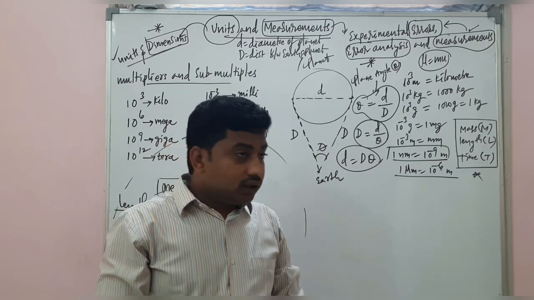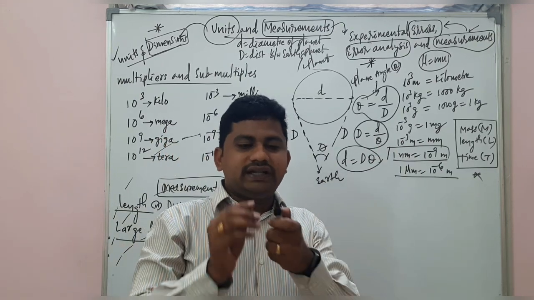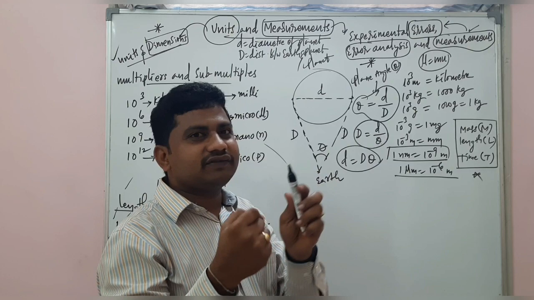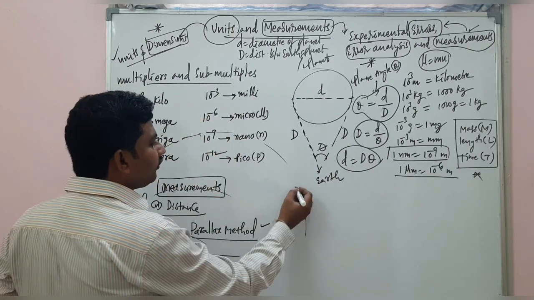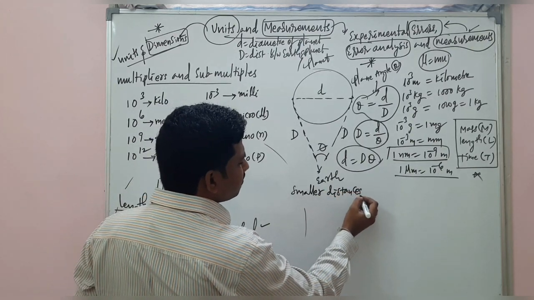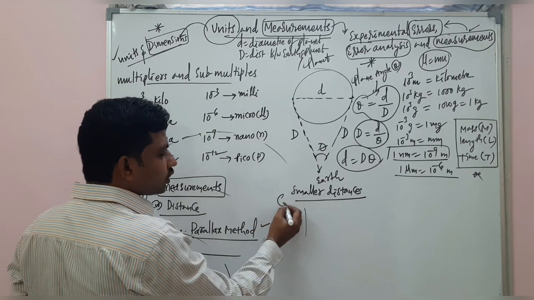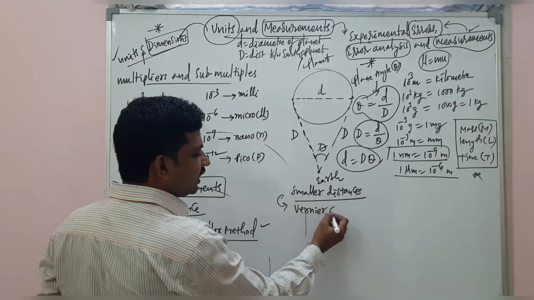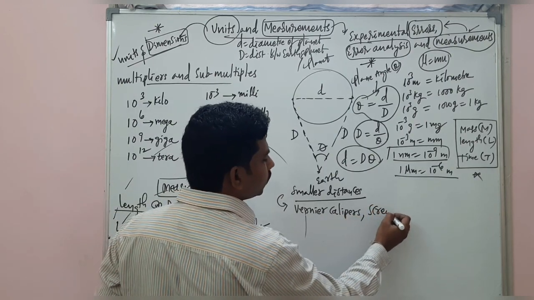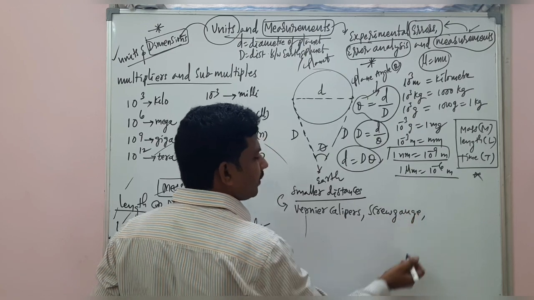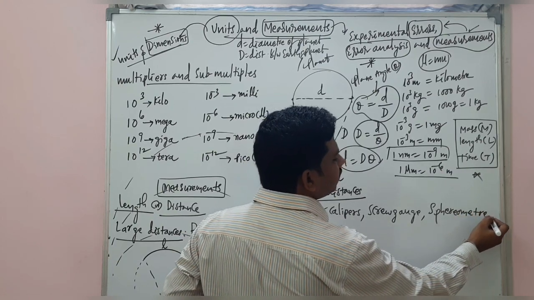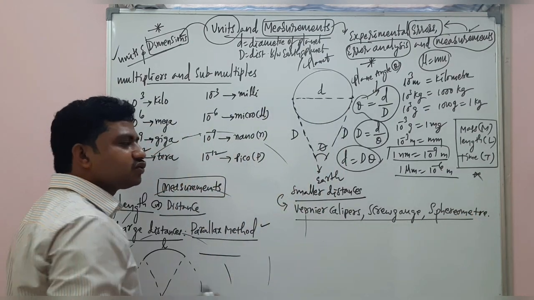And smaller than this, for example the diameter of the nib, you cannot measure with your meter scale, right? So such kind of smaller distances can be measured by using instruments called vernier calipers, screw gauge, spirometer. These kinds of devices are useful in measuring smaller distances.